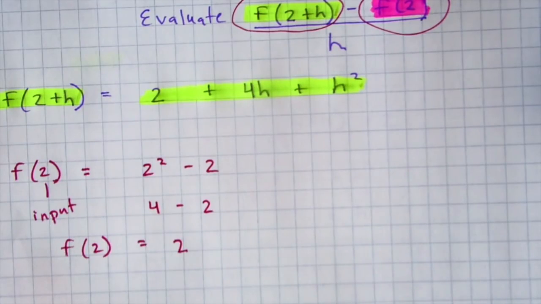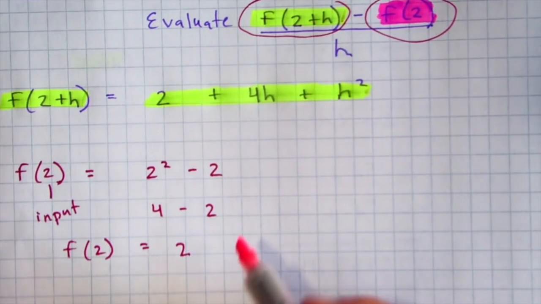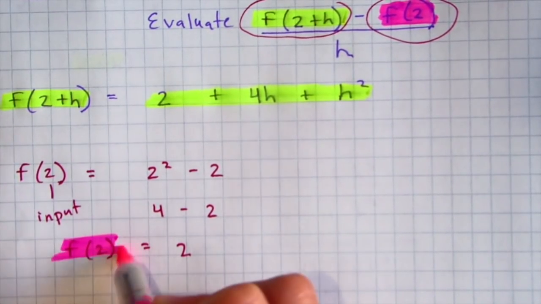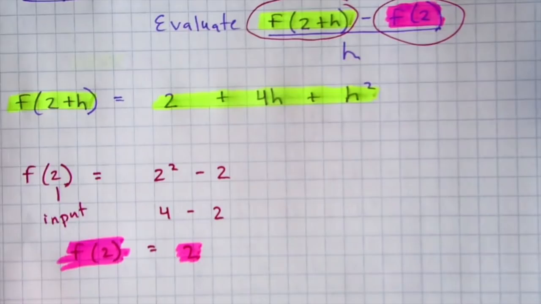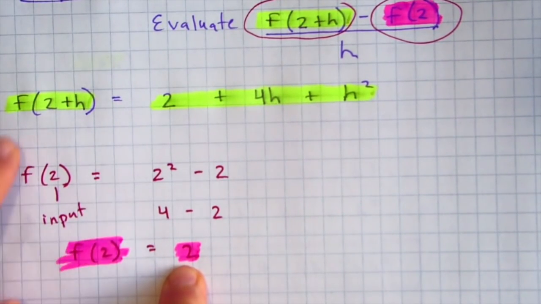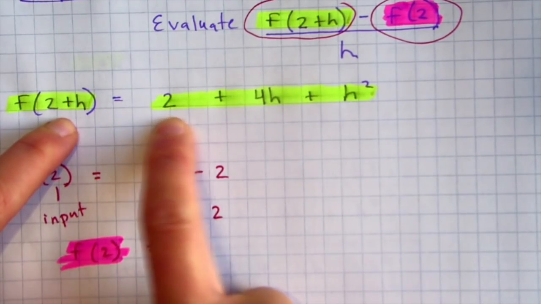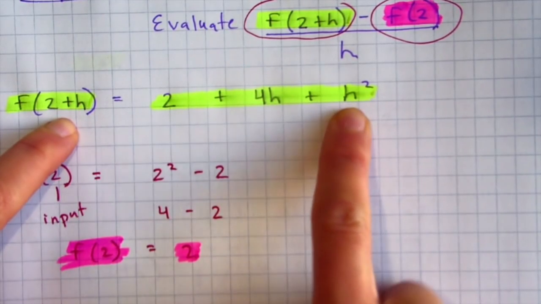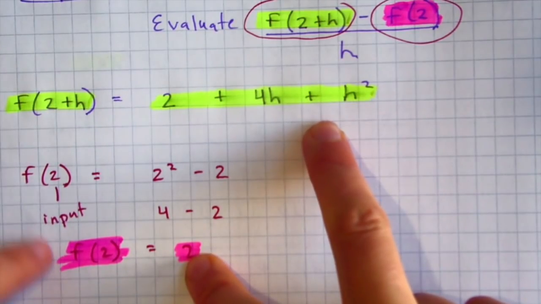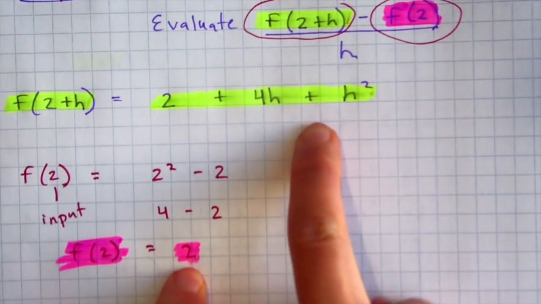So maybe you can see where I'm going with this. f of 2 is equal to 2. f of 2 plus h is equal to 2 plus 4h plus h squared. I can actually plug in these outputs.